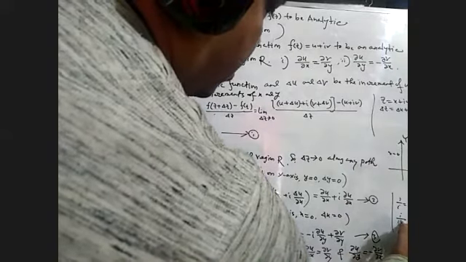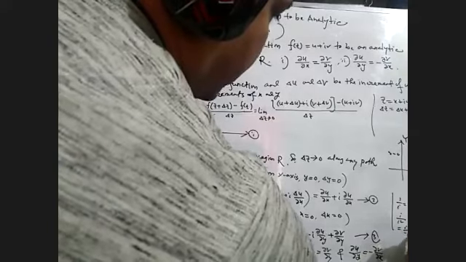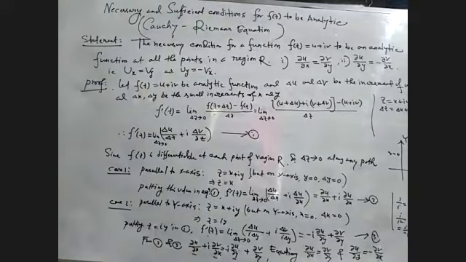How? This can be written as i by i square. But i square means minus 1. This is why minus i. Remember it. This is the required necessary and sufficient condition for f of z to be analytic, the Cauchy-Riemann equations or conditions.